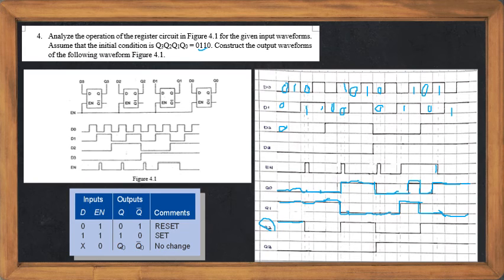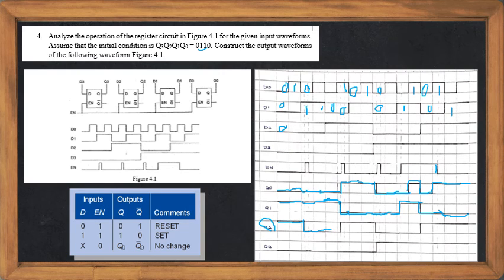When D is 0 and the enable is 1, the output will be reset. When D is 0 and enable is 0, the output will be no change.